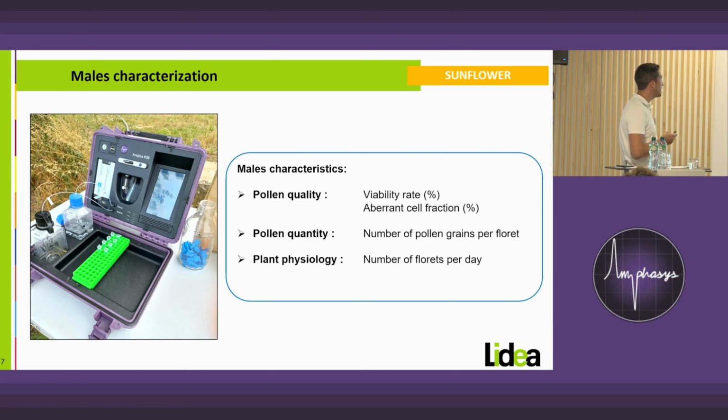Concerning the quantity, we will collect closed florets before the flowering, we will crush them, and with the algorithm, we will count the number of particles inside the florets. And in parallel to this measurement, we will count the number of florets every day to have the global production of pollen by parental line.